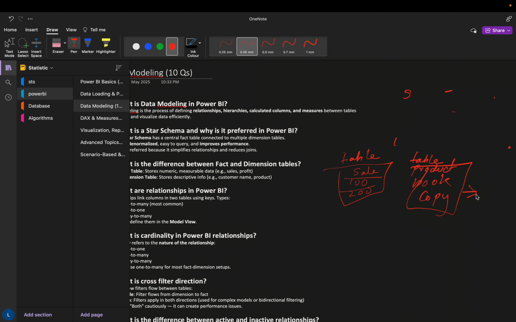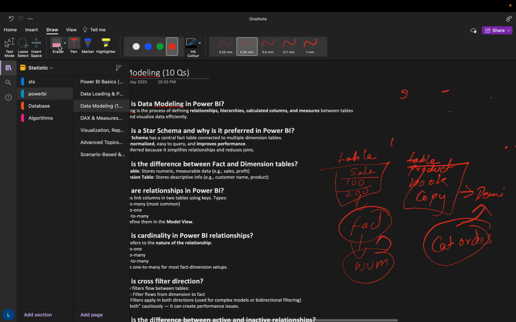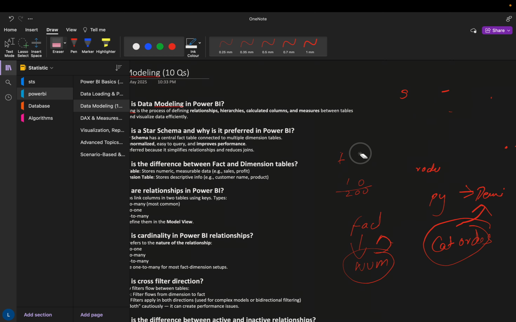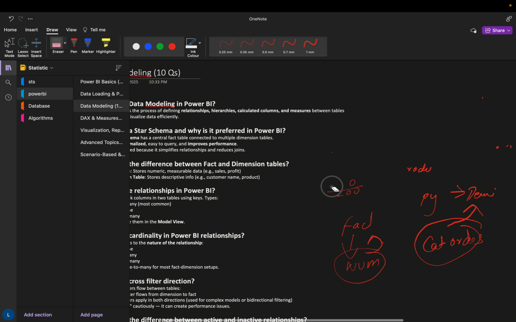This is my dimension table, and this is my fact table. Normally all numerical columns are considered a fact table, and all categorical or descriptive column tables are known as dimension tables. I hope you all understand the difference between fact and dimension tables.